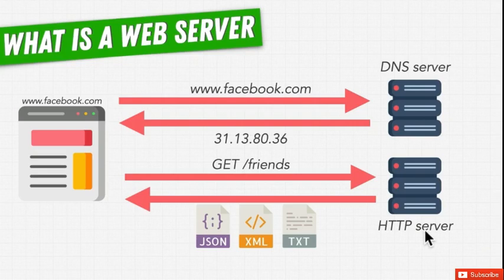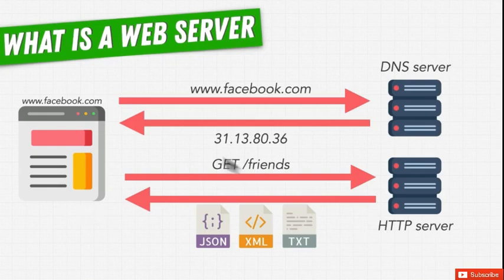What matters is that the language that we use when reacting to these requests and responding to them is HTTP, which is the common way that the browser and the server can use to understand what both sides are saying.